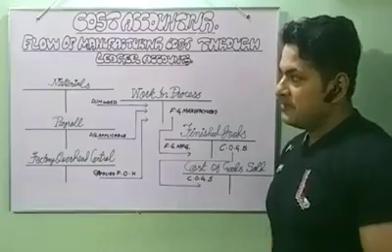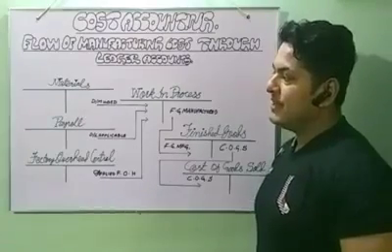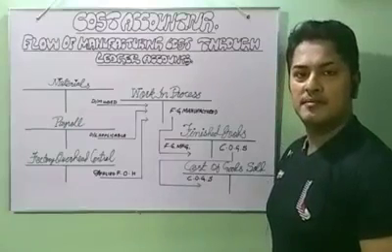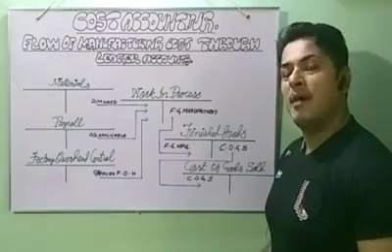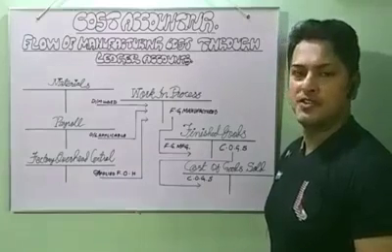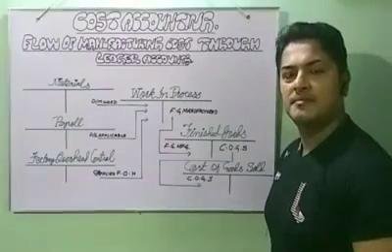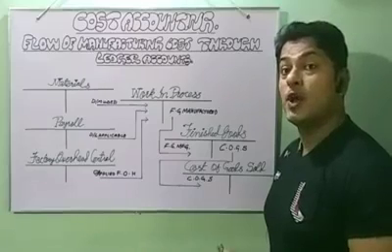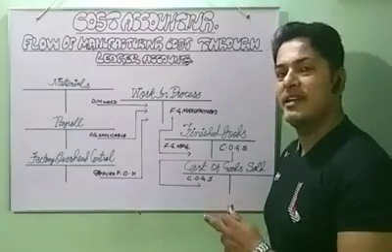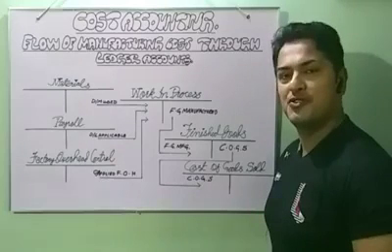Now, moving over to the next ingredient, which is payroll. Payroll means the amount of money which is paid to the laborers, especially employees who are engaged in converting raw material into finished products or finished goods.